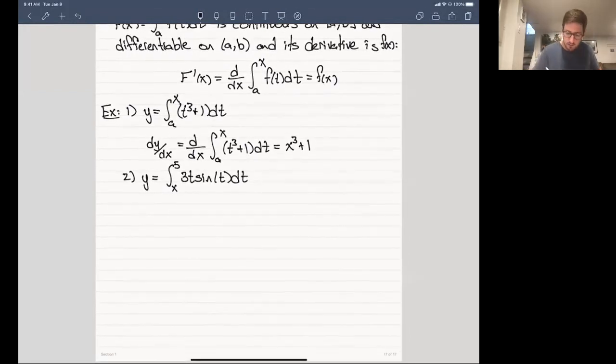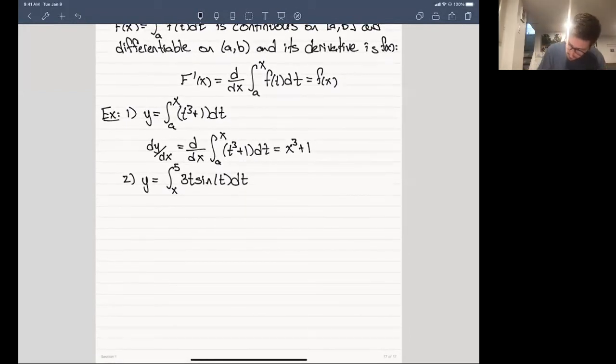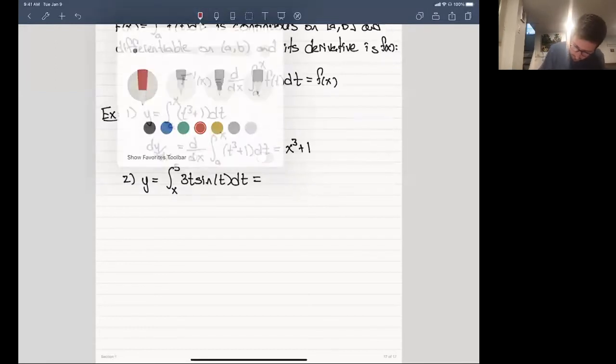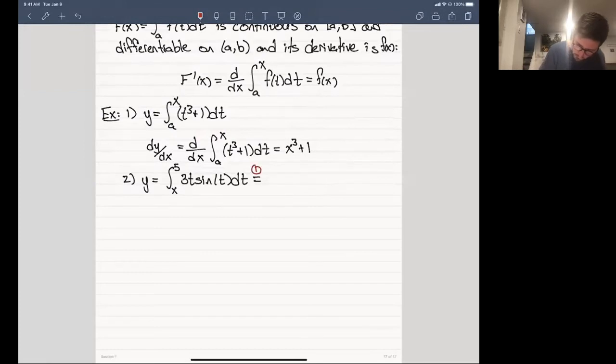But luckily, remember we have all those properties from last lecture. And in particular, the first property told us that we can flip the bounds of integration by simply negating the integral. So this is the same as going from 5 to x with the minus sign out front of 3t sine of t dt.